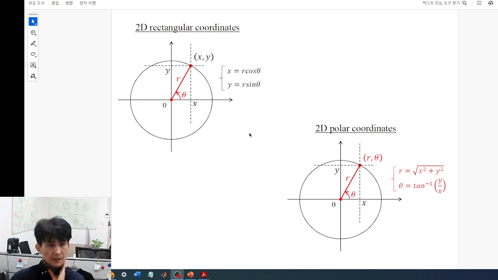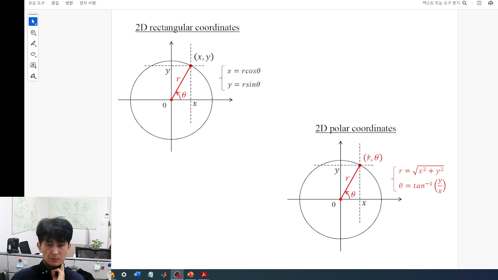As you know, if we have x and y in the plane, then we can represent that in polar coordinates, where we represent the point with the radius r and theta in the 2D polar coordinate.